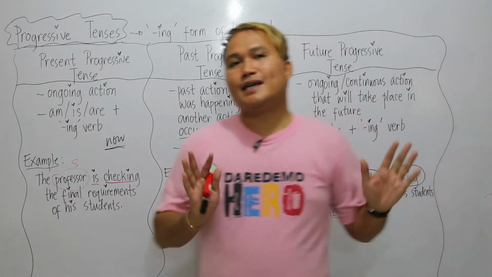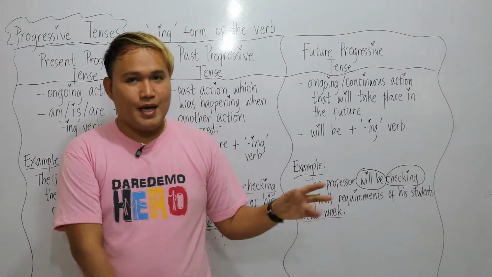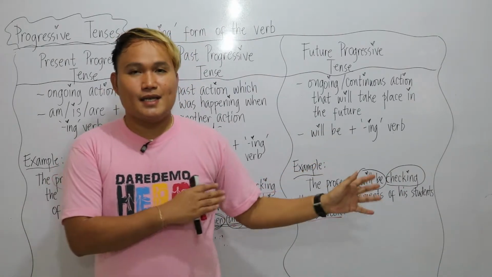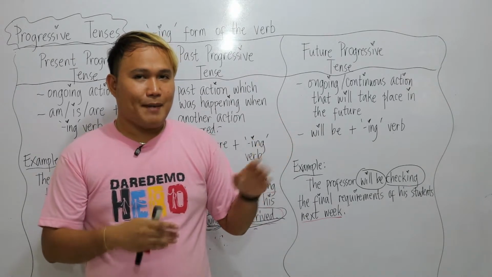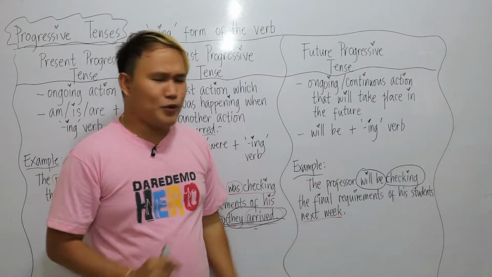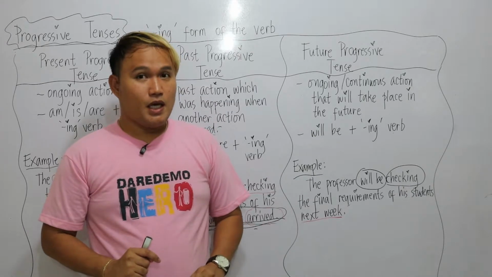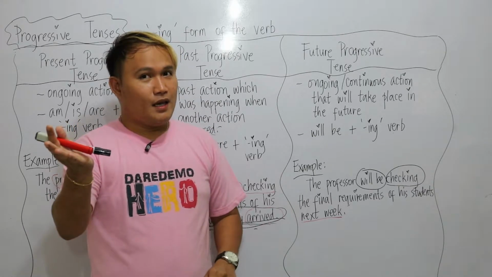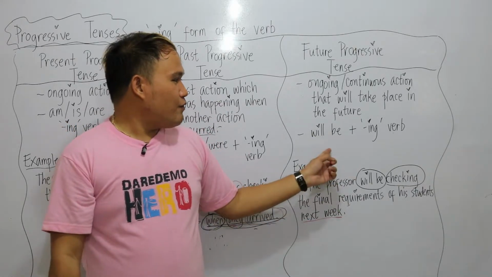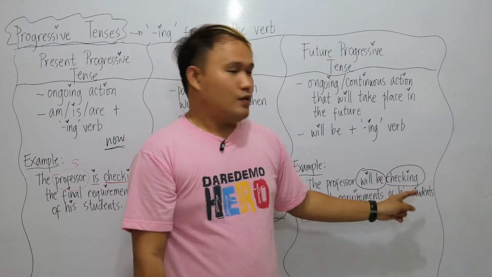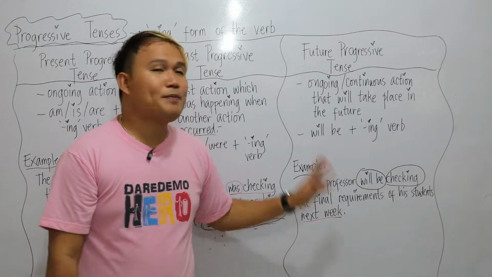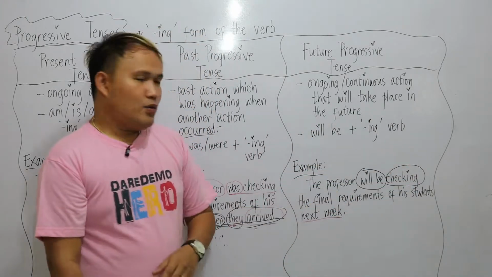What do you think is our key or clue that we can tell that sentence shows an ongoing action or continuous action that's going to happen in the future? What do you think is our clue? Anyone? Very good. The formula will be plus the ing form, the word, which is checking. Will be checking.